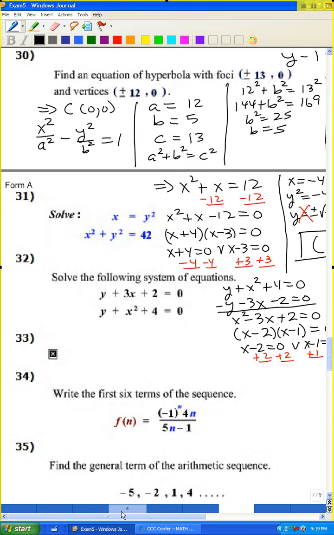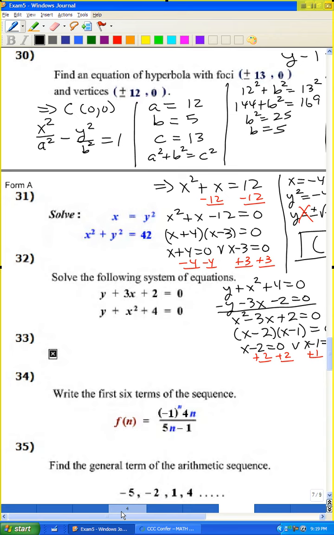Oh, this has got a whole bunch of words in it.